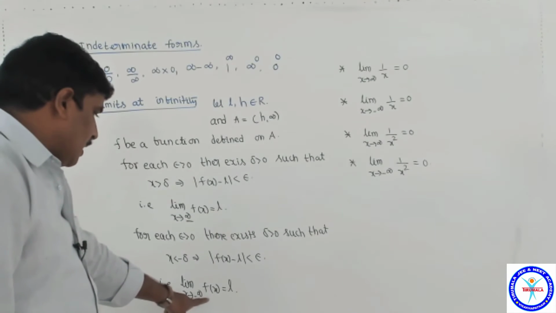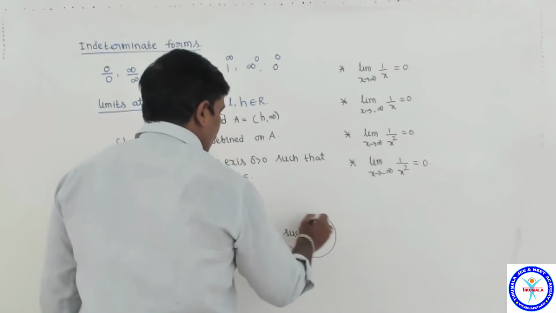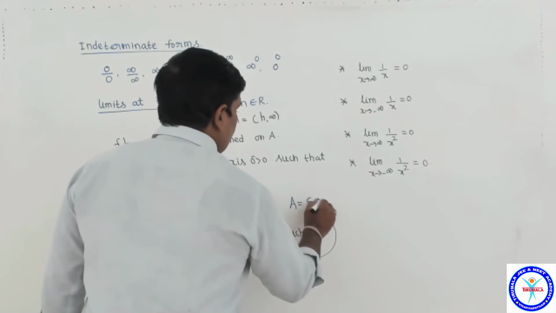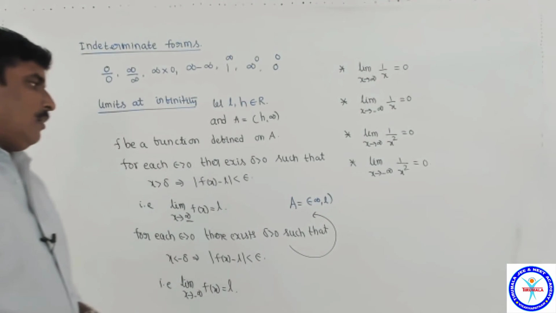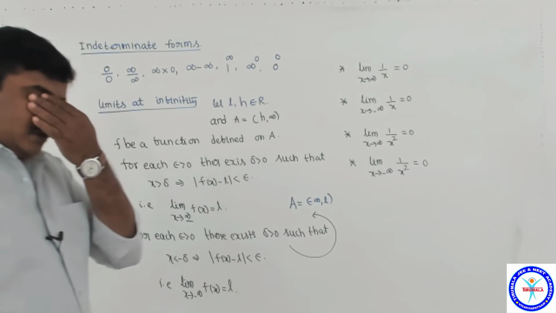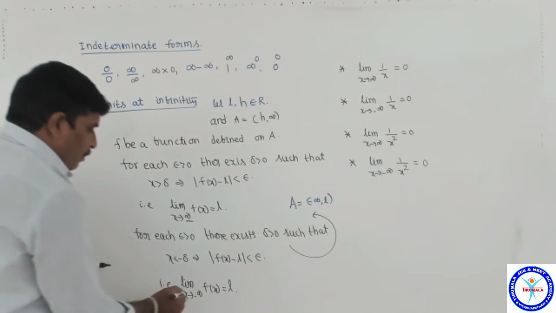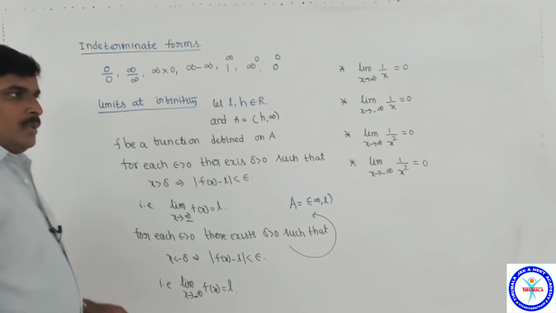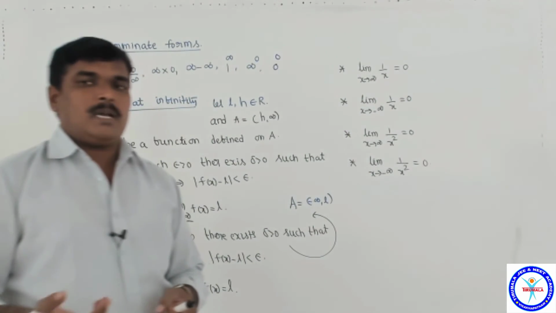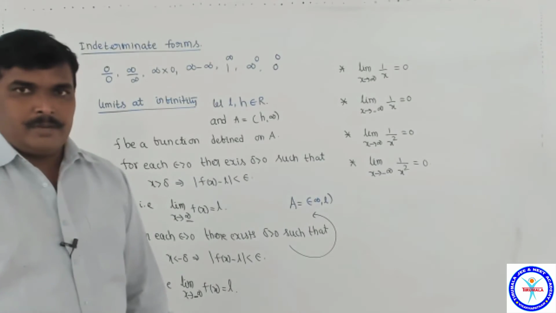At the same time, for this function, we have to define the domain A equal to minus infinity to L. Okay, students. So then limit x tends to minus infinity. So as x tends to infinity or x tends to minus infinity, 1 by x becomes a finite value, 0. Write down.